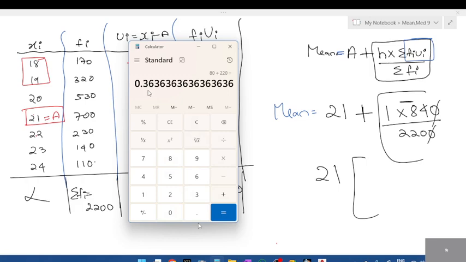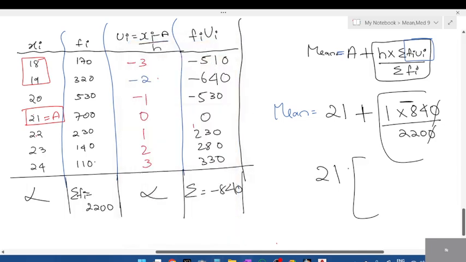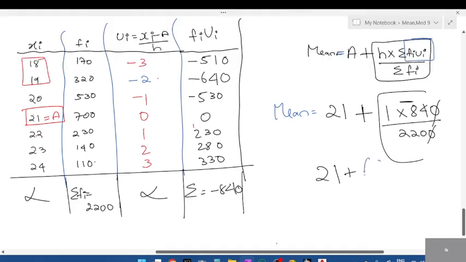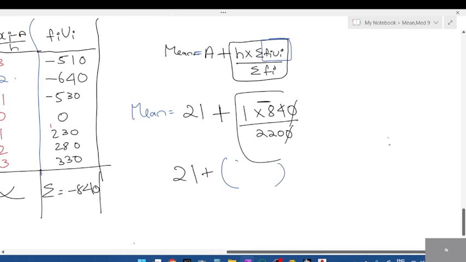We get 0.36. And you respond, what am I getting, students? 0.36. Minus or plus? Unmute and respond. What is the value here?